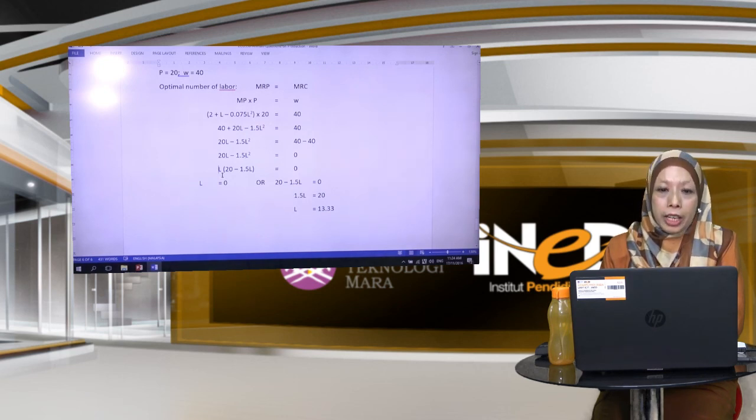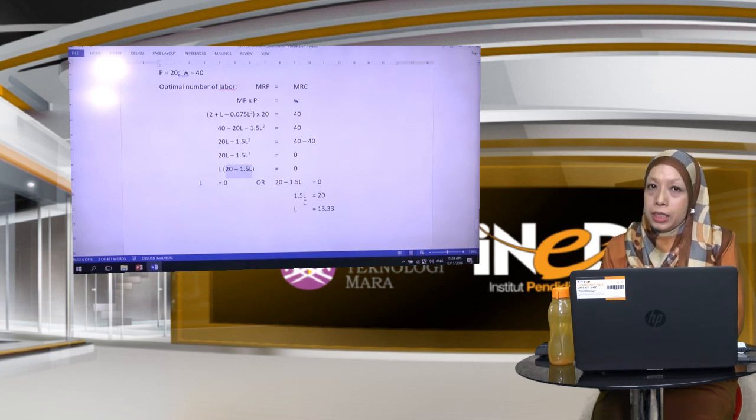Now to solve for L, you have to set each one of these components equal to 0. For example, L, the one outside the bracket, equals 0, and the other solution would involve setting the function in the brackets equal to 0. So you have 20 minus 1.5L equals 0.